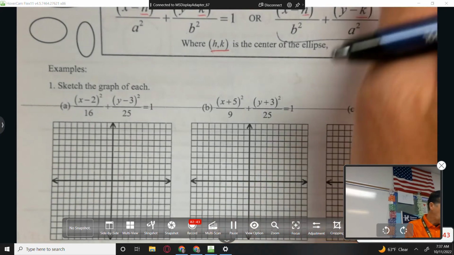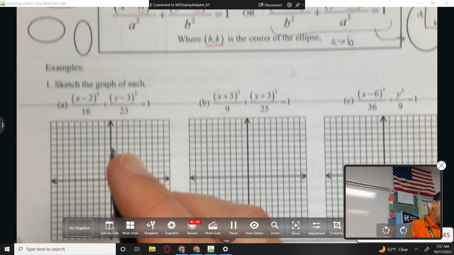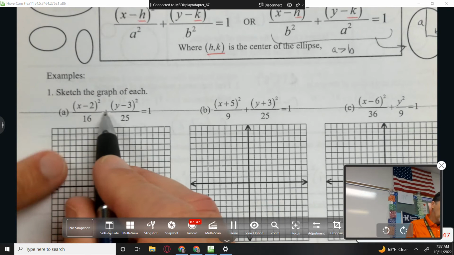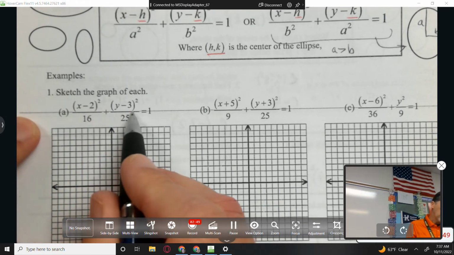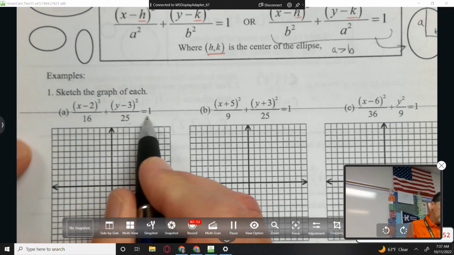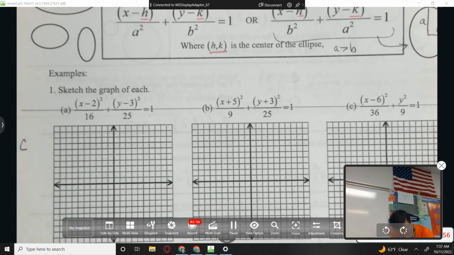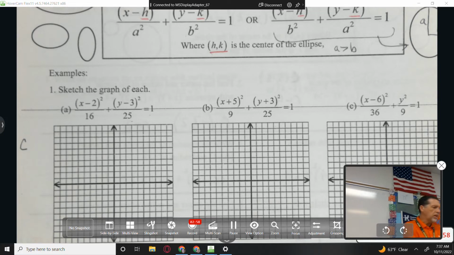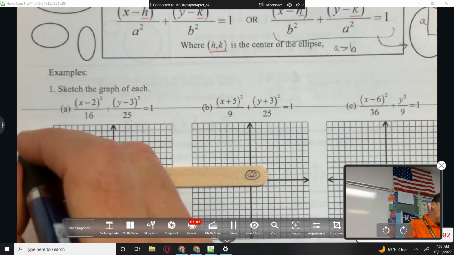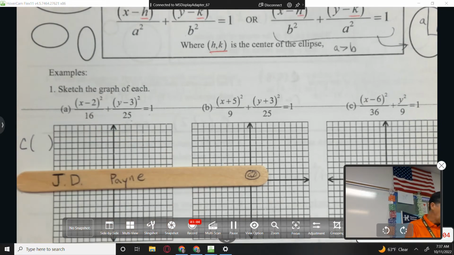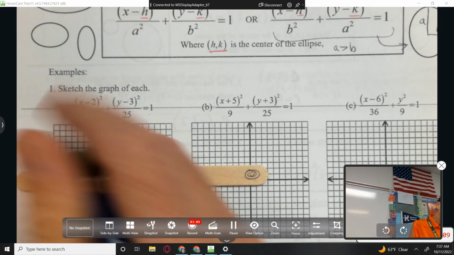Let's sketch a graph here. X minus 2 squared over 16 plus y minus 3 squared over 25 equals 1. So the center, easy enough, I think, to pick on people. JD, what's the center of that ellipse going to be? 2, 3.